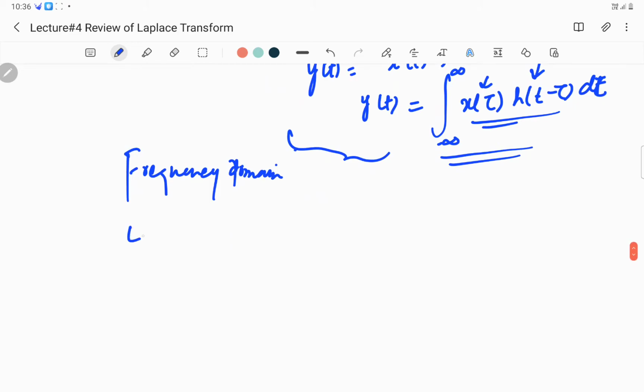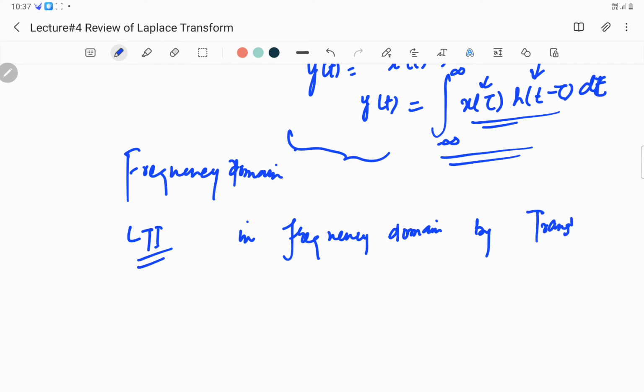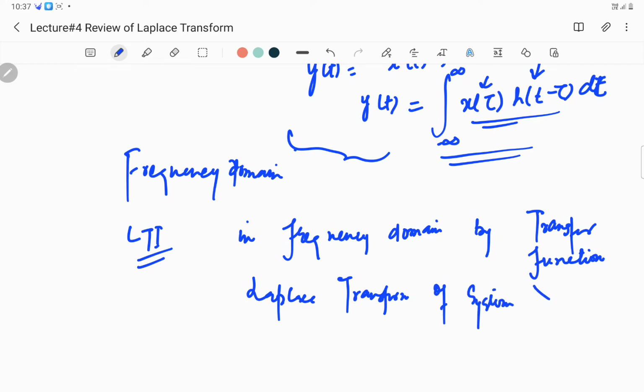So these linear time invariant systems can be characterized in frequency domain by transfer functions, or by transfer function, which is nothing but the Laplace transform of the system impulse response.